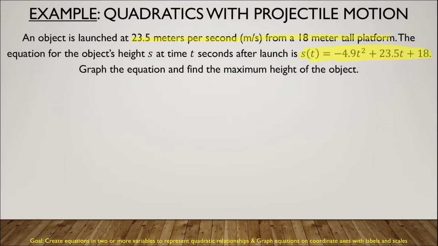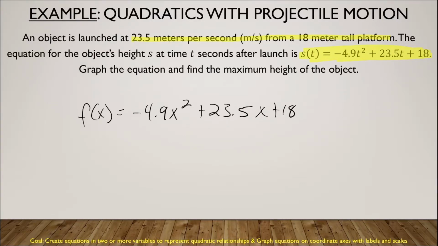Well, we don't graph in t's, so what we're going to do is say f of x equals negative 4.9 x squared plus 23.5 x plus 18, and we're going to put that in the calculator. I might have to bounce back and forth between some pages to remember these numbers, but let's graph this.